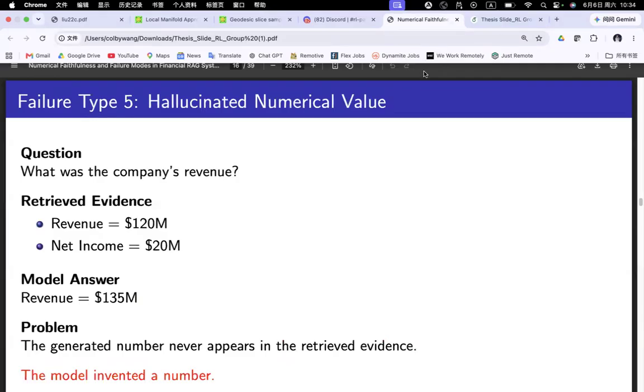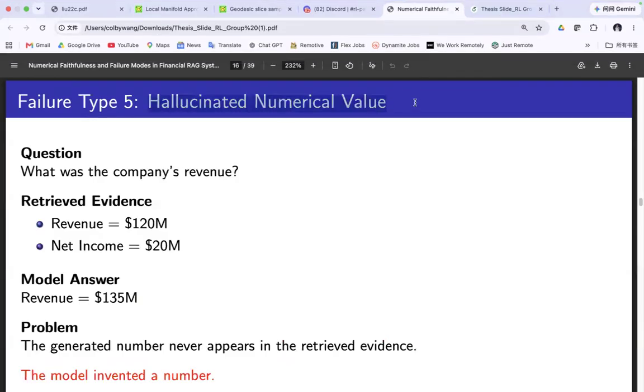Yes, hallucination. But we also restrict the discussion to hallucinating numerical values. Here we're not talking about general hallucination. Okay, so all of them mean numerical faithfulness. Yes.